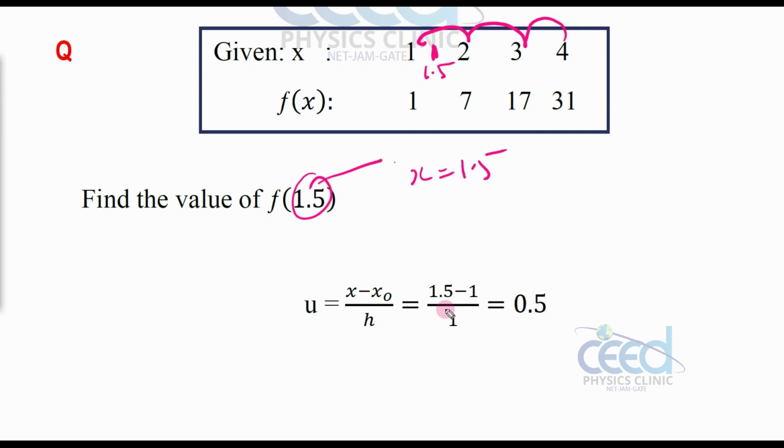That is 1.5 minus 1 by 1, that is 0.5. So that is our p value, 0.5.